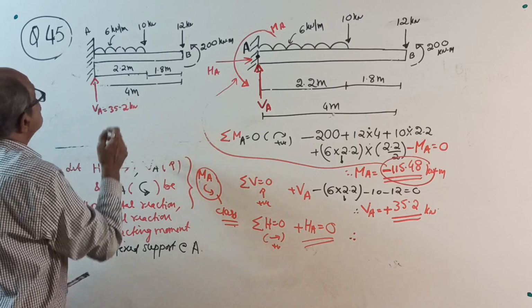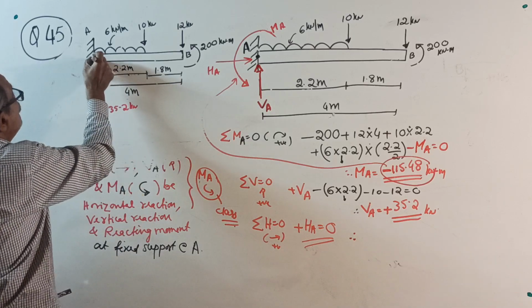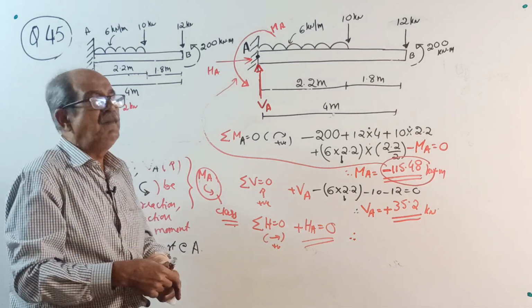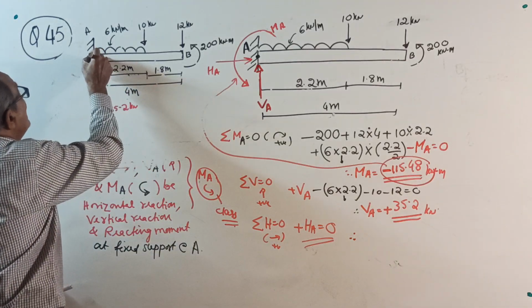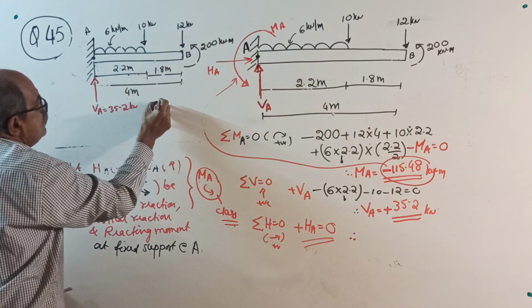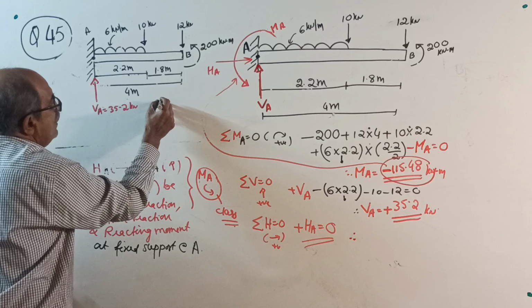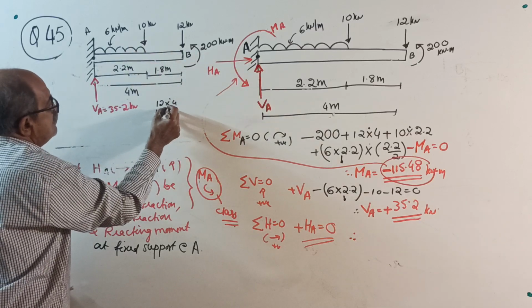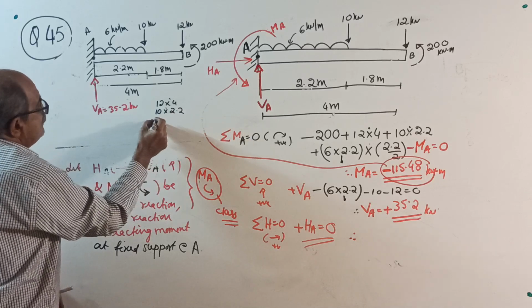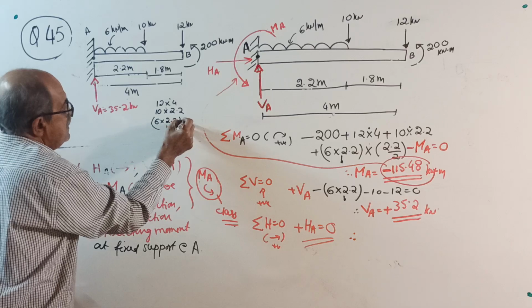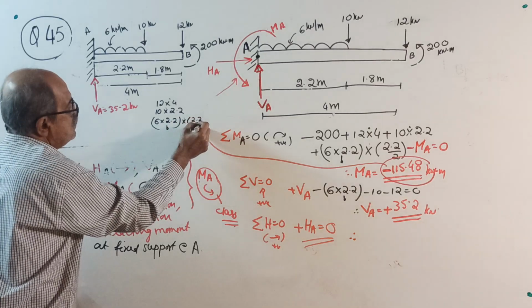This everybody knows. Now, regarding moment, I told thousands of times, always consider moment about the fixed end, never about the free end. 12 into 4, 10 into 2.2, 6 into 2.2, total load into 2.2 by 2.